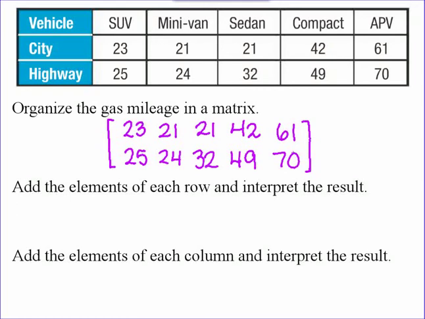It says now add the elements of each row and interpret the result. Row 1 is going to be right here. What this says is that I need to add those together. Go ahead and do that for me. Add those numbers together, 23, 21, 21, 42, and 61.